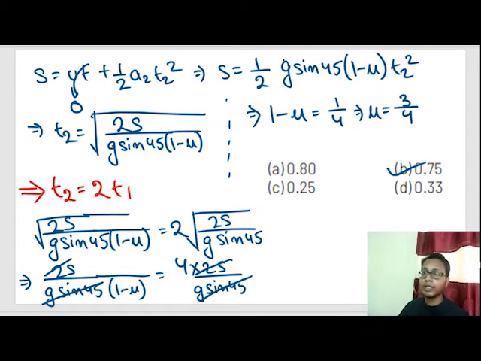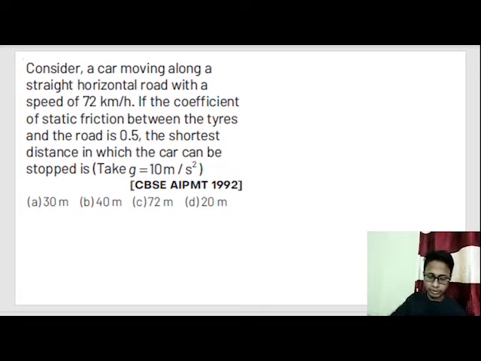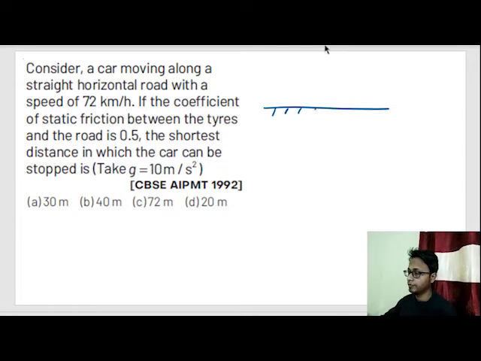So let's do the next question. Now let's start with the new question. Consider a car moving along a straight line in a horizontal road with a speed of 72 km per hour. If the coefficient of static friction between the tires and the road is 0.5, that means a car was there in a road.